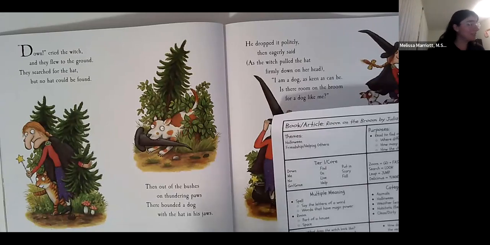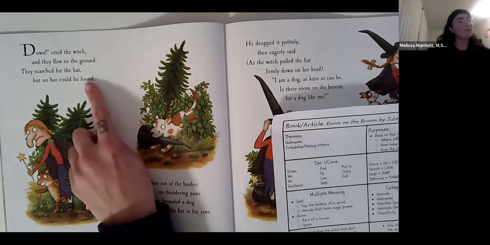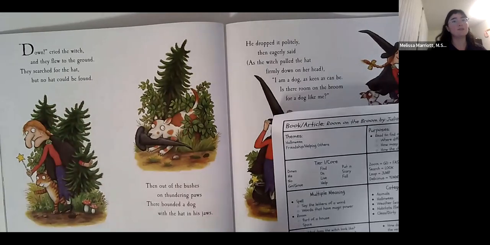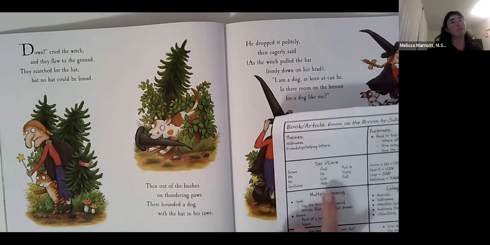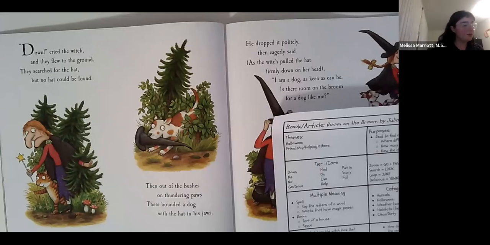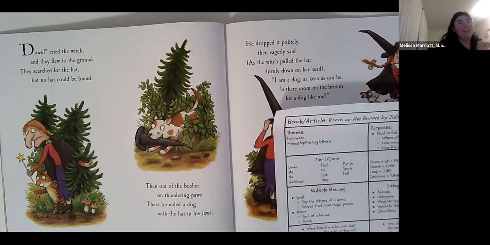I don't have it in here, but like find or found is another one that is repeated through this same line of text several times. And I could have put in my tier 1. Oh, I did put it. Just kidding. So, most of the tier 1 or core words that I am using are things that come up throughout the book many, many times.